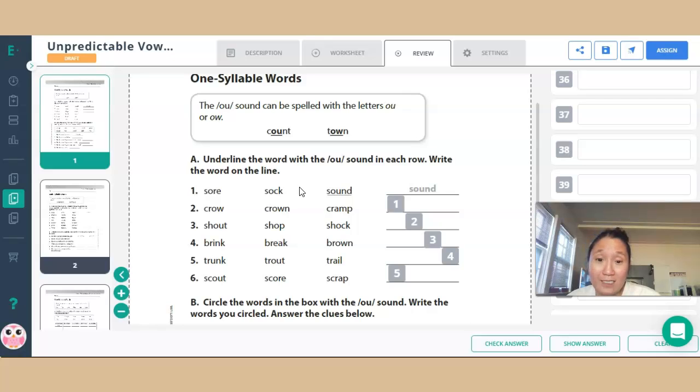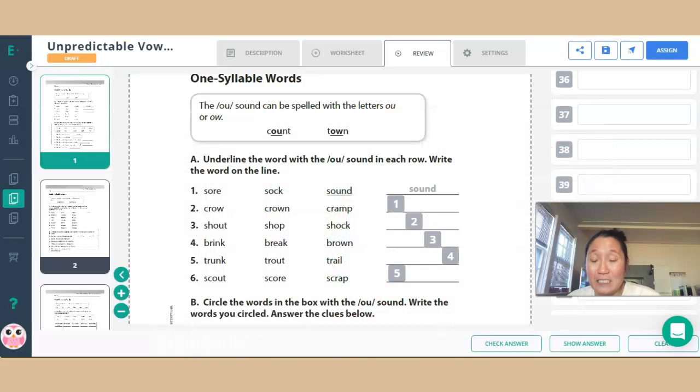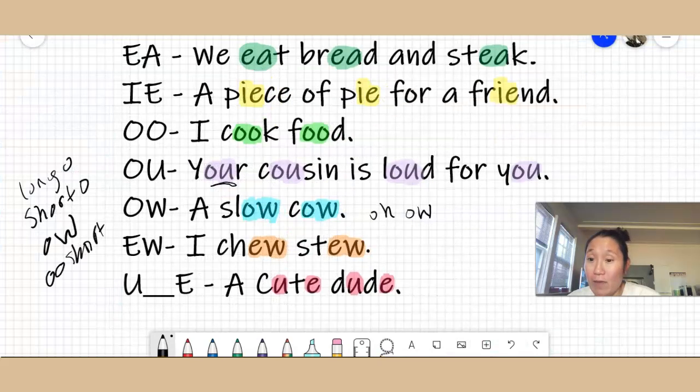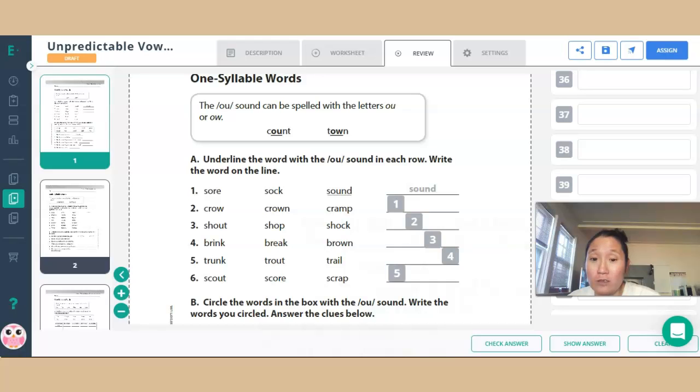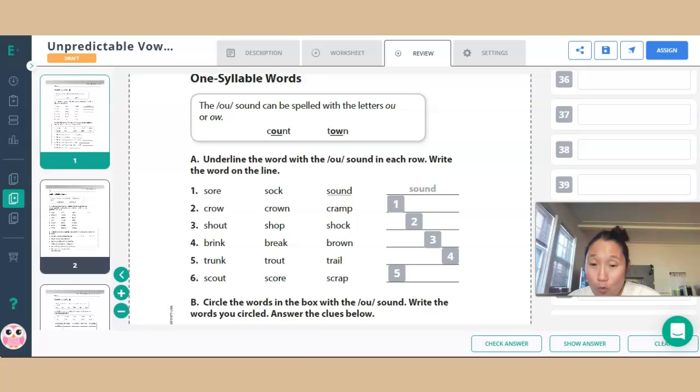Sore, socks, sound. Because sometimes the OU can make a long O, or it can make a short O, but that's not correct for sound.